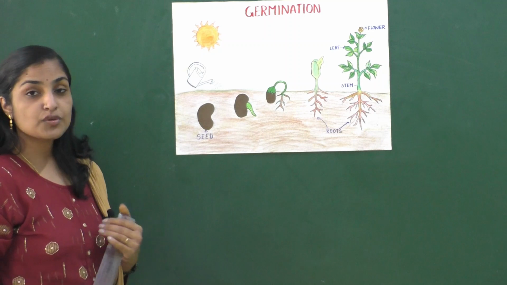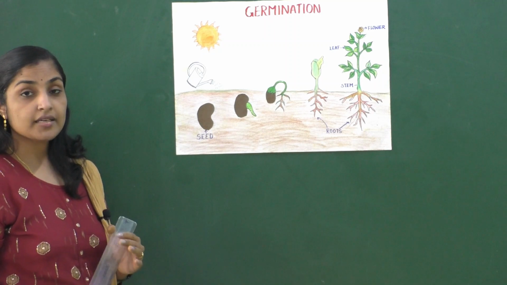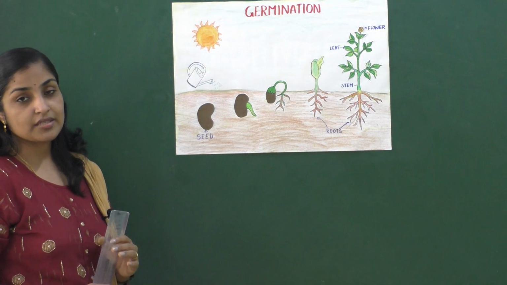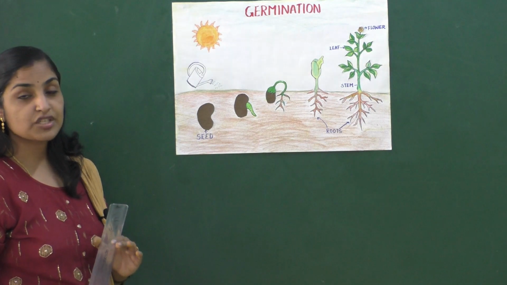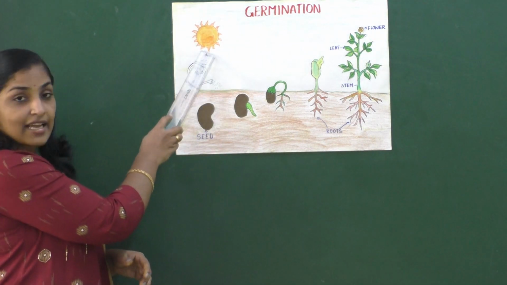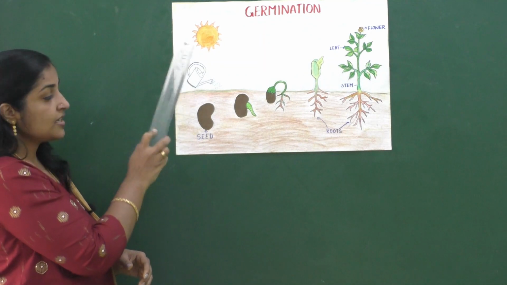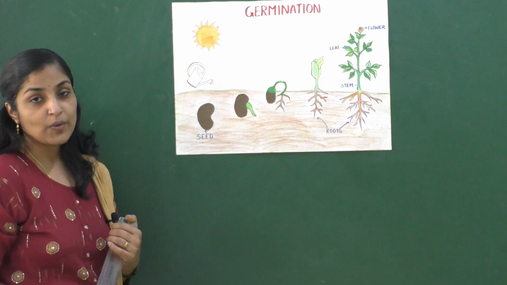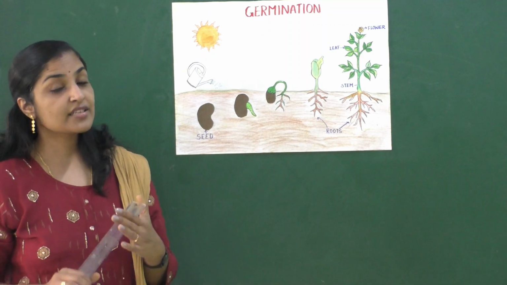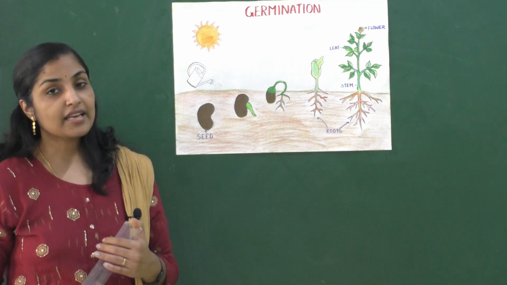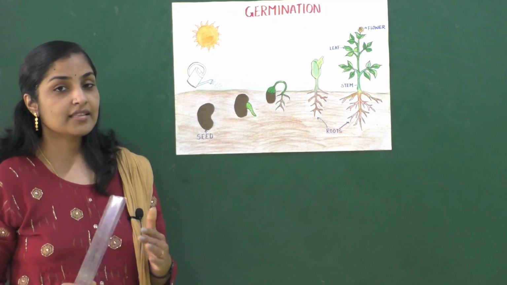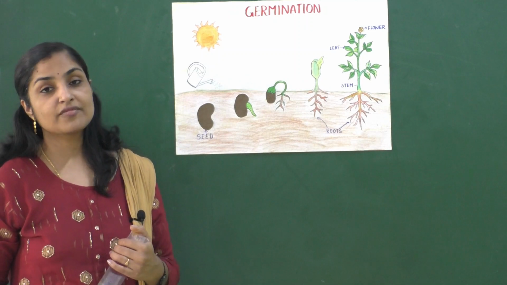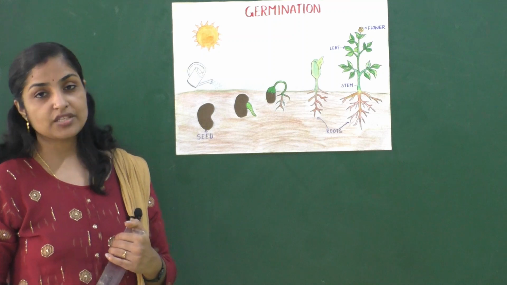So, for a plant to grow, it requires proper conditions. The proper conditions include sunlight, water, soil, and air. So, this process is known as germination. And now, let's see the different steps involved in germination.